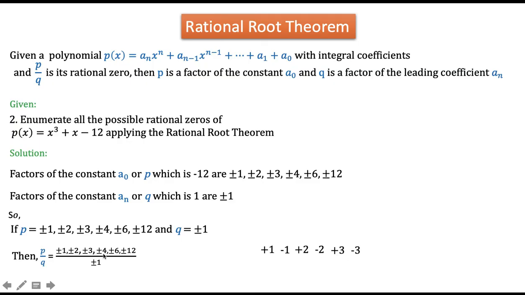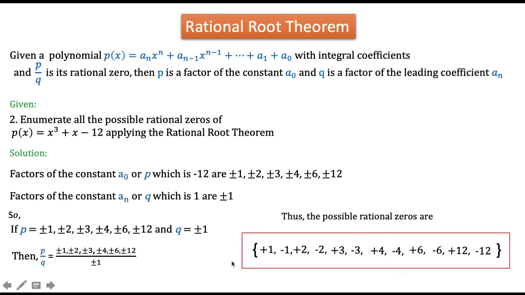Plus minus 4 divided by plus minus 1 is positive 4 and negative 4. Plus minus 6 divided by plus minus 1 gives us positive 6 and negative 6. And lastly, plus minus 12 divided by plus minus 1 is positive 12 and negative 12. And this is the set of our possible rational zeros, and this is our answer.